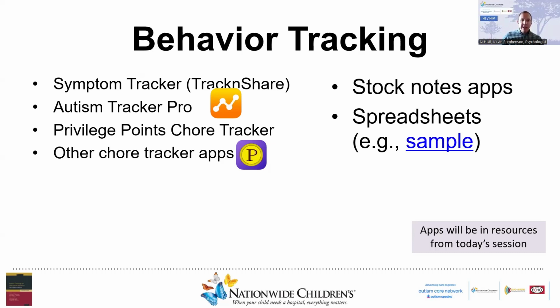There's a spreadsheet that I put together that we'll be sharing in the resources today that is on Google Sheets, Google Drive, a Google Doc that you can use as a spreadsheet, just put things in and put the behaviors that way. Another free, simple way. Sure, it's not as flashy as some of the apps, it's not as high tech, but it works and it's a digital solution that can be shared with others.